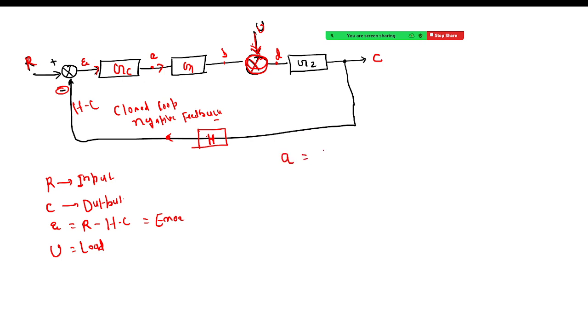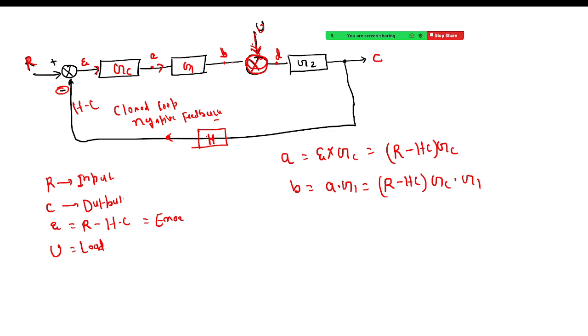This error into GC, and you know the value of error is R minus HC into GC. Now what will be the value of B? The value of B is equal to A into G1. You have calculated the value of A, that is R minus HC into GC into G1.